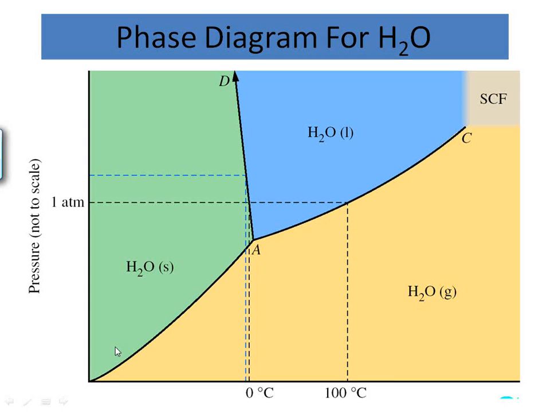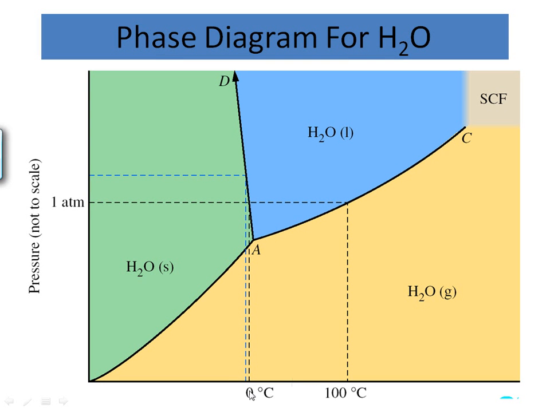Okay, here's the phase diagram for water. The way we could identify this if it wasn't labeled: you could take 1 atmosphere, run a line across here, and the liquid solid line should intersect 1 atmosphere at 0 degrees Celsius, and it should intersect the liquid gas line at 100 degrees Celsius.